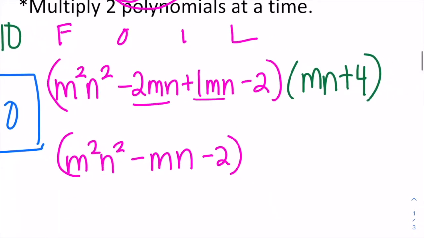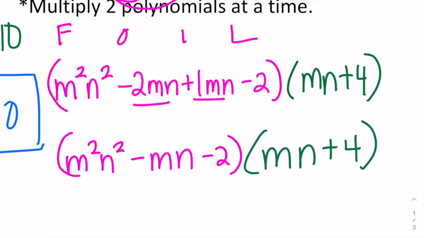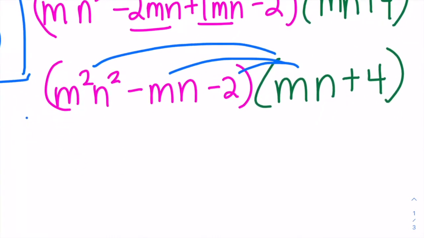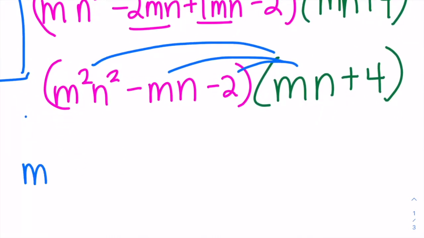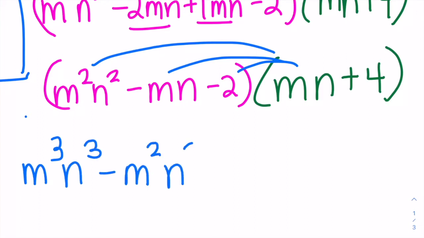And we're going to multiply that by mn plus 4. So just like we did with the first problem, we're going to multiply everything by mn. So we're going to have m cubed n cubed minus m squared n squared minus 2mn.